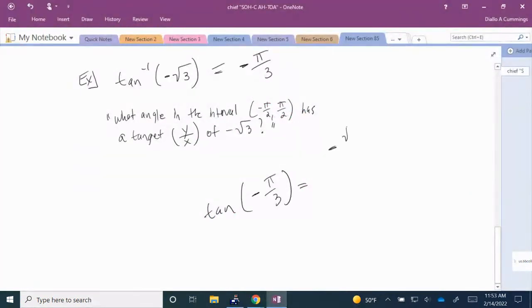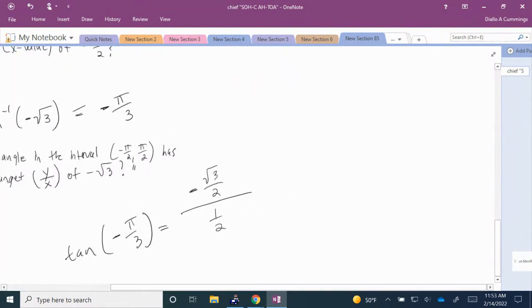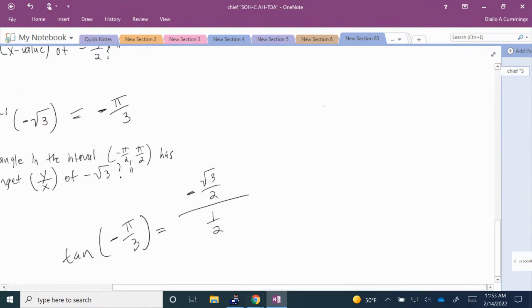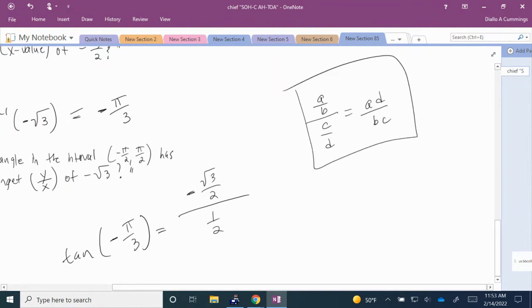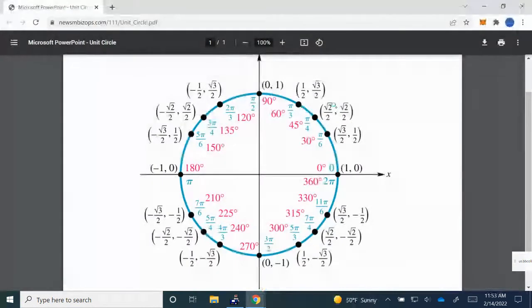So that's negative square root of 3 over 2, all over 1/2. There was a formula, I believe I showed earlier. It says that A over B all over C over D equals A times D over B times C. You can multiply the very top and the very bottom, and then you can multiply the bottom of the top and the top of the bottom.